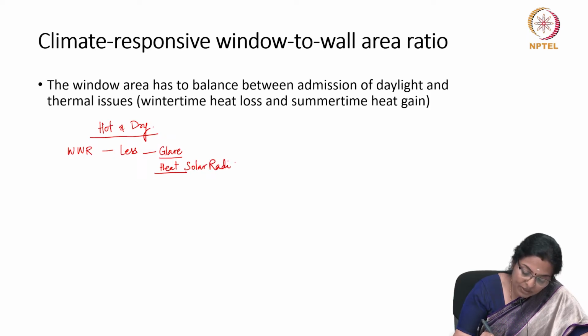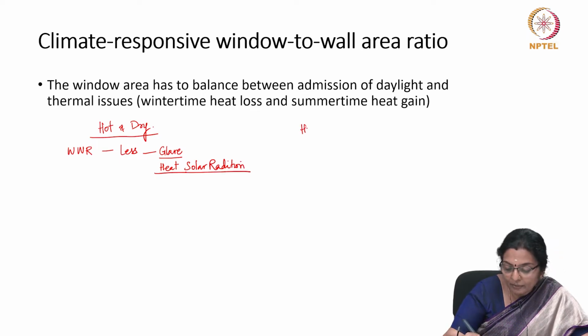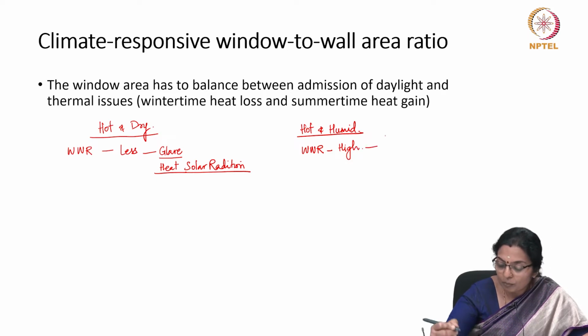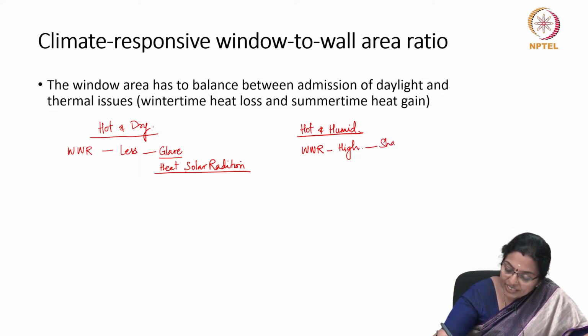Whereas, the same is not true for hot and humid. In hot and humid or warm and humid climate, your window to wall ratio should be high. You must have large windows with appropriate shading devices to allow for daylight as well as breeze.